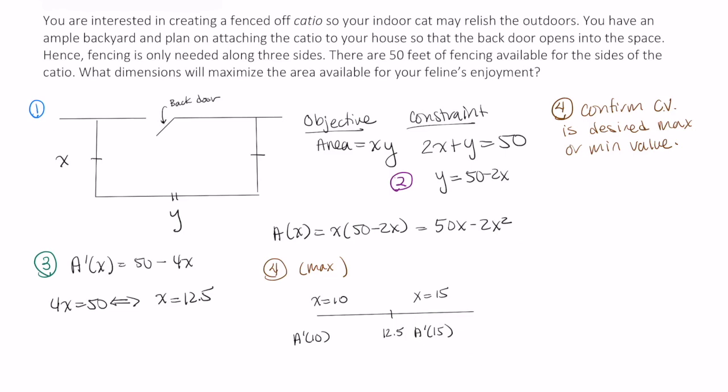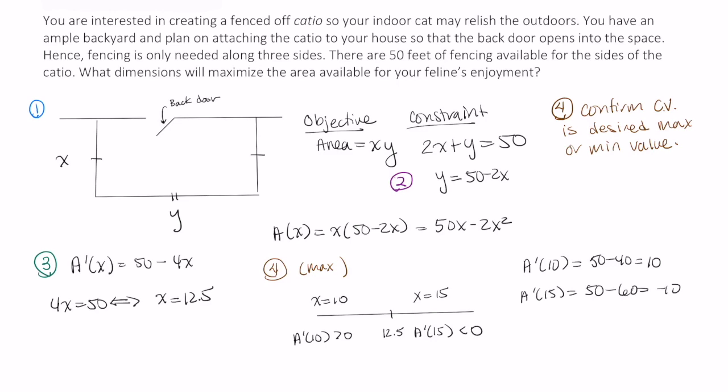Okay, so how can we do that? Well, let's go ahead and evaluate. That is, A prime of 10 is equal to 50 minus 40, which is just 10. So this is positive. And A prime of 15 is equal to 50 minus 60, which is negative 10.